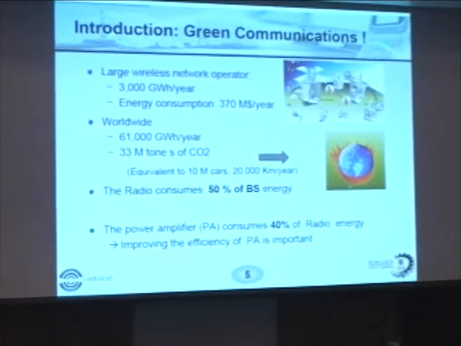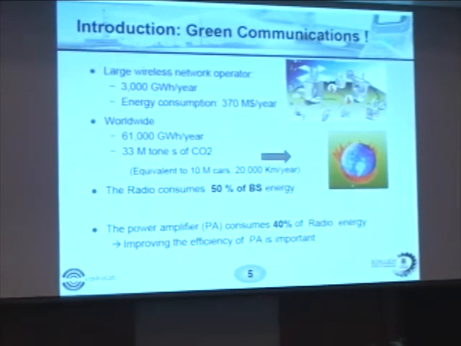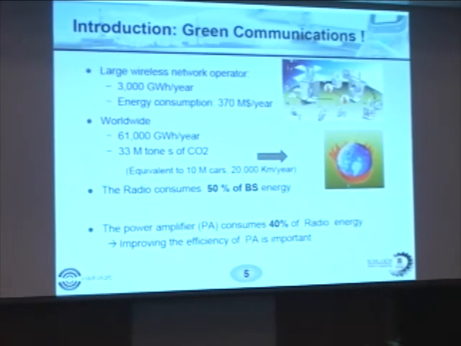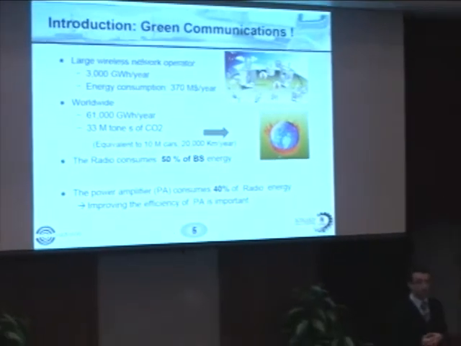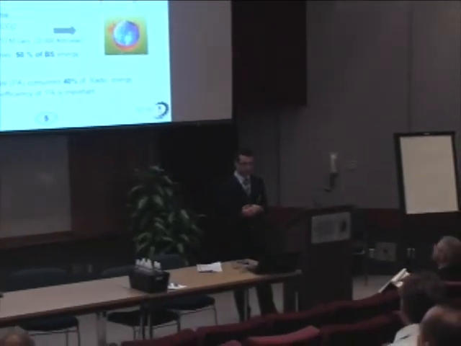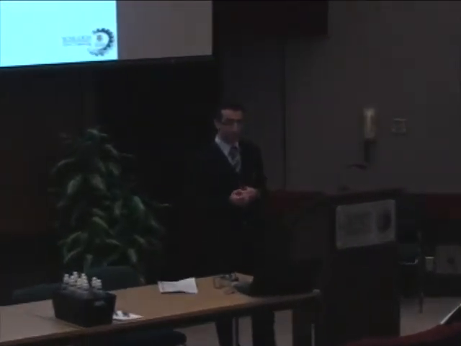Of this power consumption, 50% of the energy is consumed in base stations of the wireless network, and 40% of this is consumed by the power amplifier itself. So it's very important to reduce the power consumption of this power amplifier.